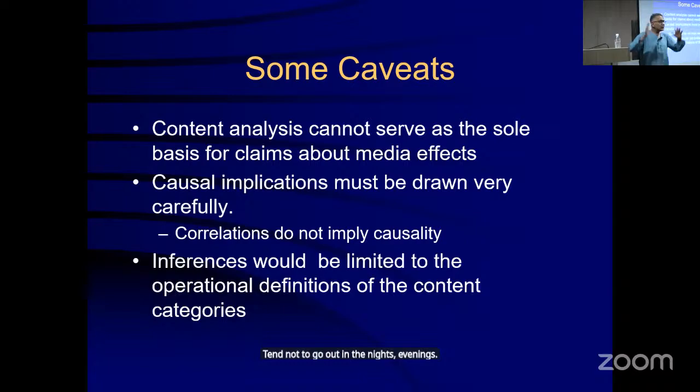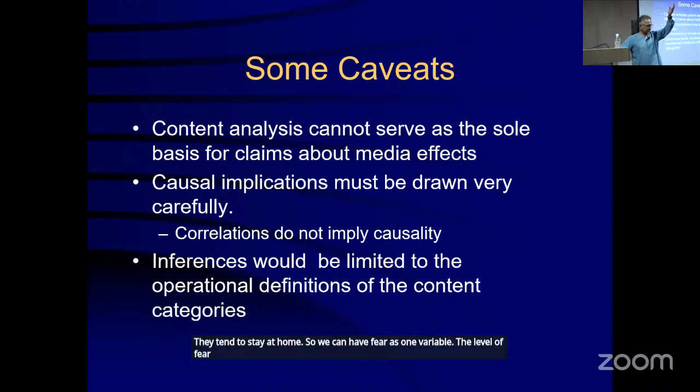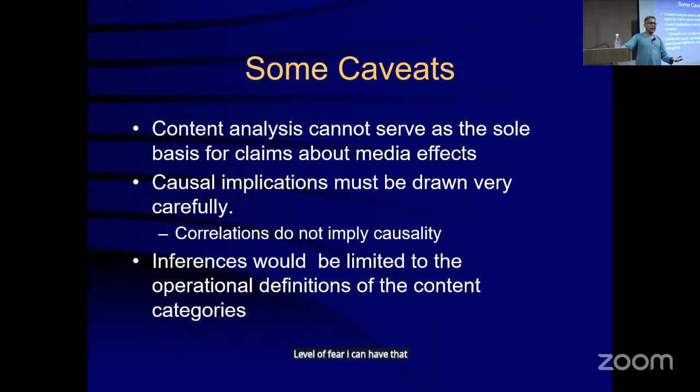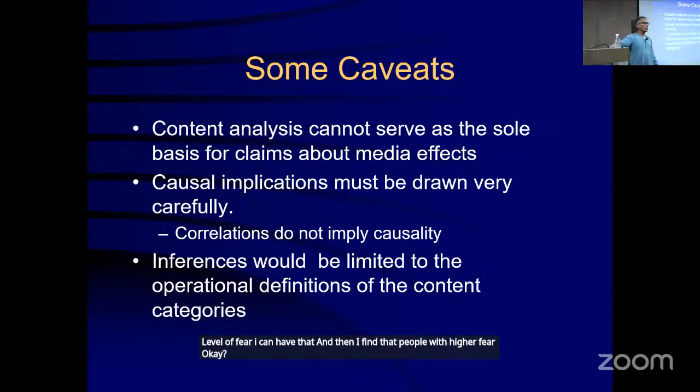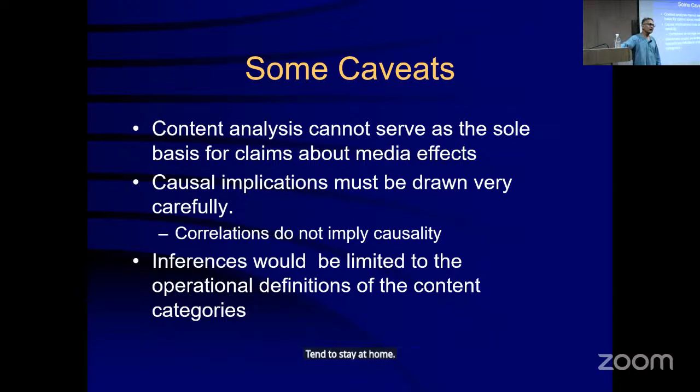They tend to stay at home. So we can have fear as one variable, the level of fear, which is the same thing as this variable, level of fear. I can have that. And then I find that people with higher fear tend to stay at home at dusk and nighttime as compared to people with lower fear.